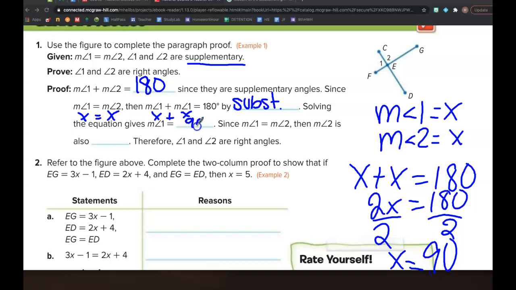Therefore, the measure of angle 1 is 90. So since measure 1 and 2 are equal, then measure 2 is also 90. Therefore, 1 and 2 are right angles. Question. Kind of makes sense, right? Okay, one more.